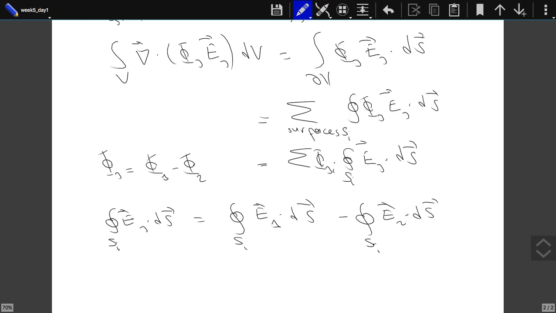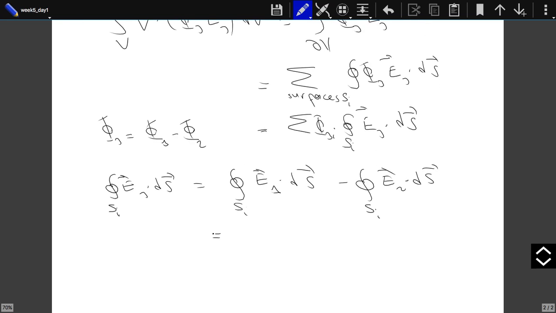over the surface SI. Now let's remember the Gauss theorem. So what is this integral? What is Q enclosed? Qi, because I'm integrating over the surface of the conductor, which I called SI. The surface of the conductor that carries the charge Qi. So inside this surface, the total charge is Qi.